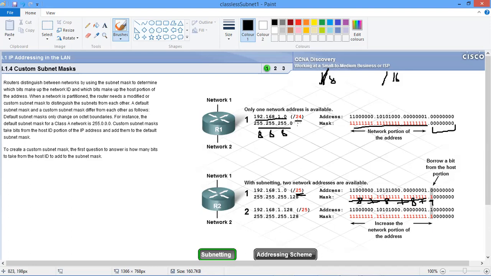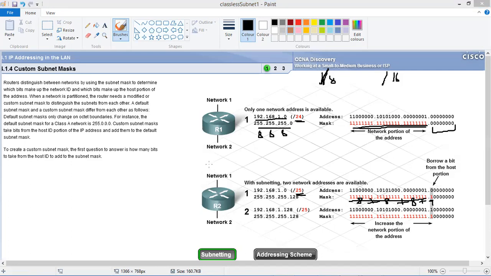Under default it was 24 before; the number of bits that identify the network is 24. But now I decided to borrow 1 bit to add to it. It becomes 25, and when you do that, you're going to have 2 networks. If you borrow 1 bit, you have 2 networks.